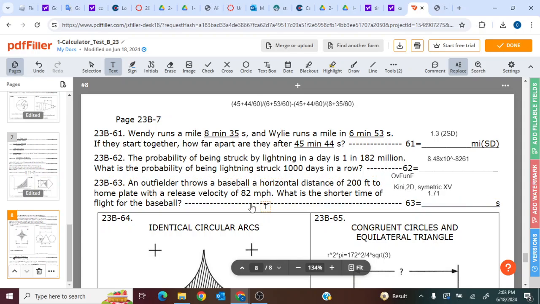We have x, we have our v, and then the program assumes our change in y is 0. Plug in your values, 200, and make sure to convert your velocity to feet per second. So 82 over 15 times 22 feet per second. That's how you convert miles per hour to feet per second. And then it will get you a final time of 1.71 seconds.